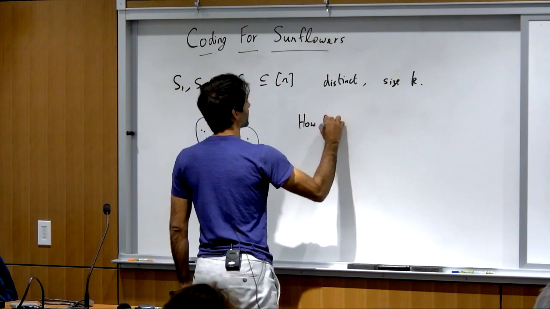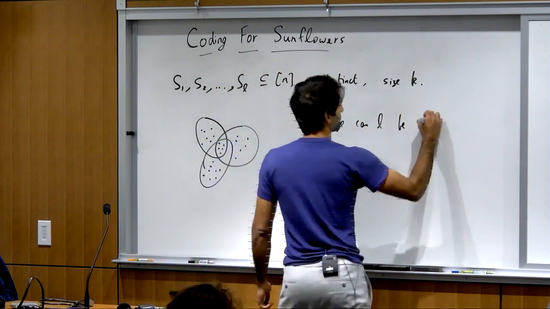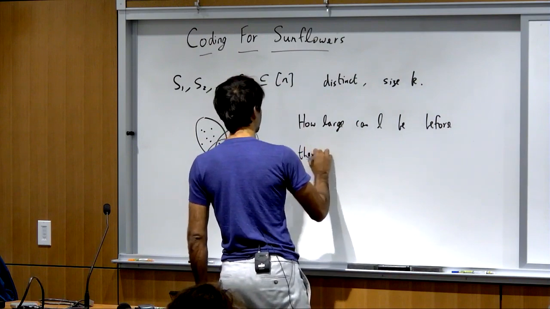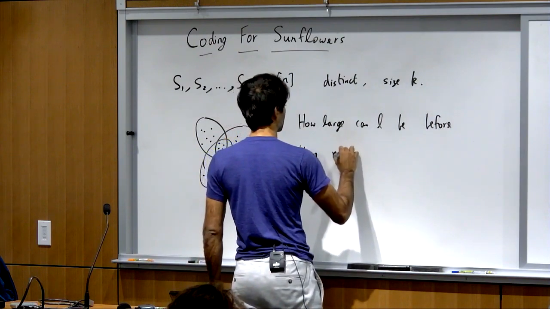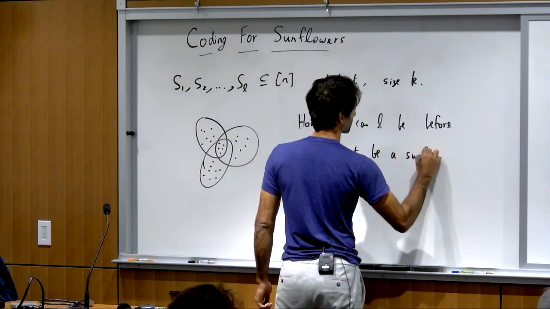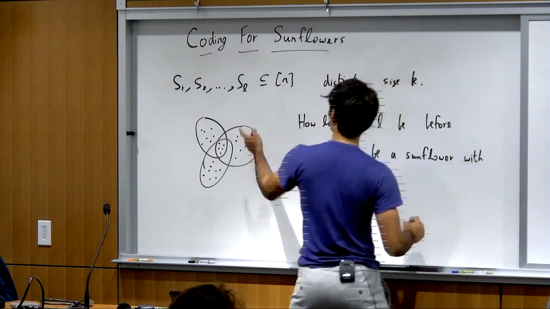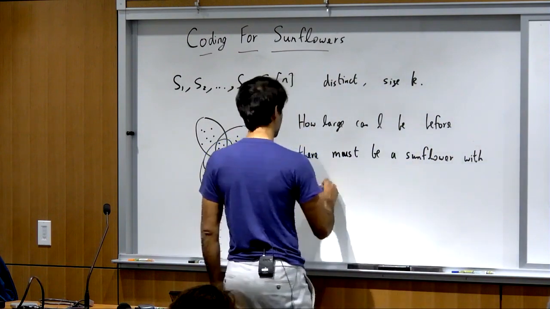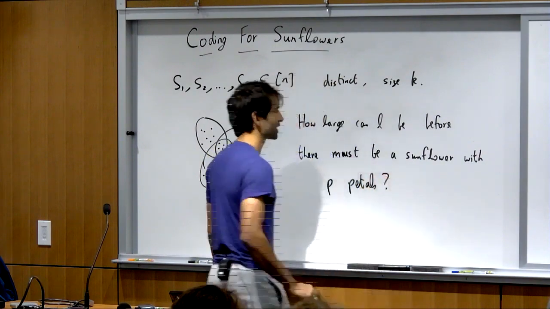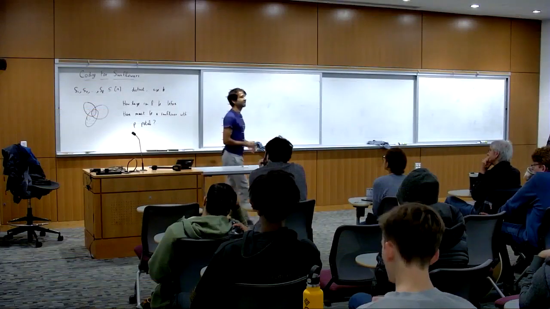So how large can L be before there must be a sunflower with p petals in these L sets? So that's the question I'm going to study.